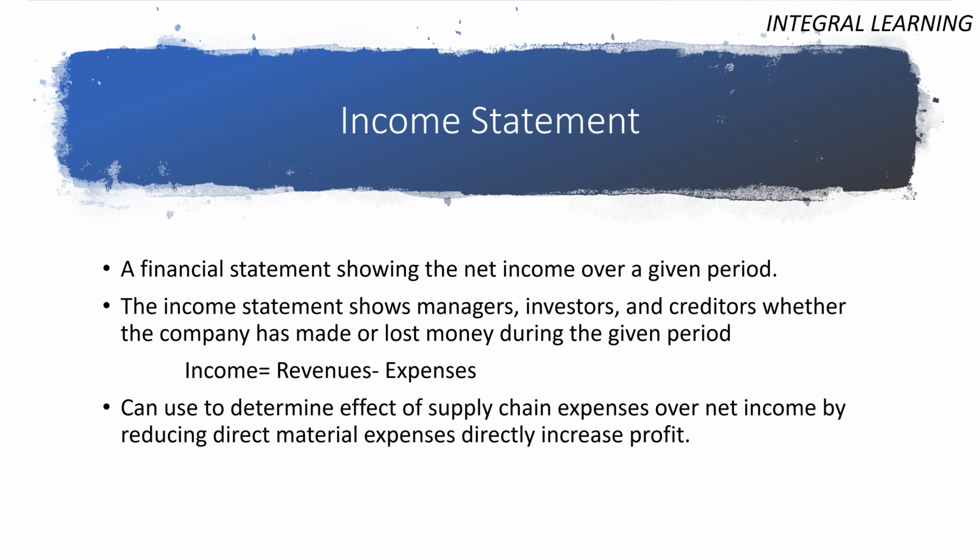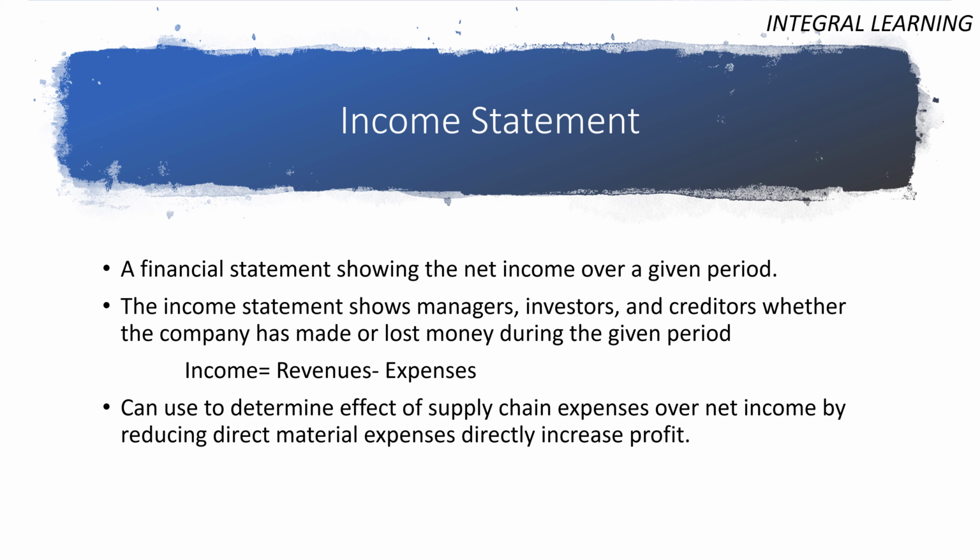Next we will go for income statement. Income statement is a financial statement showing the net income over a given period of time. The income statement shows managers, investors and creditors whether the company has made or lost money during the given period of time.